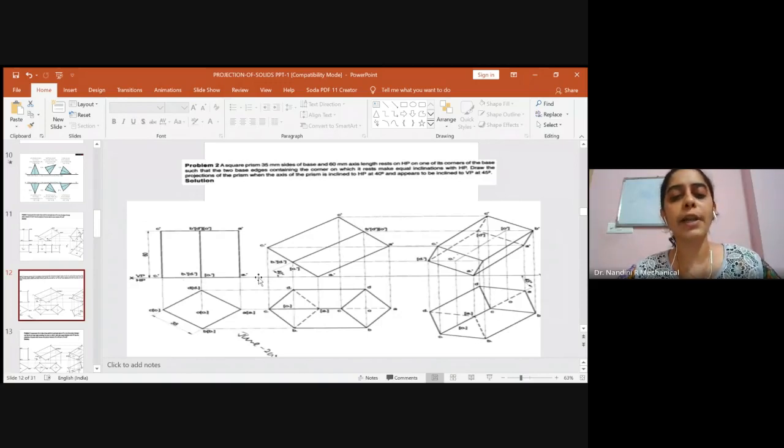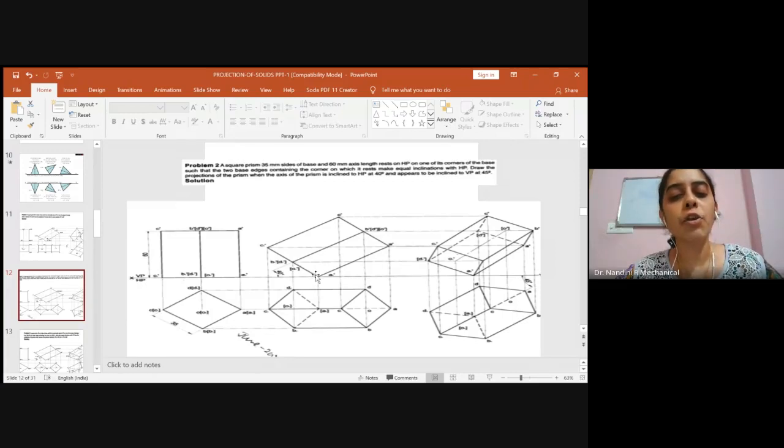After you take the 40-degree line, you have to shift the vertical position of the front view into the inclined position. So first you have to fix some point. After taking 40 degree, you will fix this point such that the distance from the center to this corner will exactly touch on the XY line.